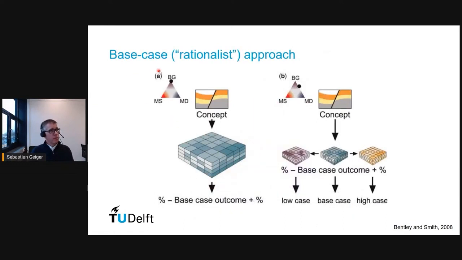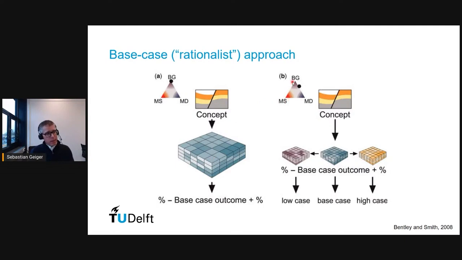The base case is a so-called rationalist approach, where in the top corner you have one geological concept, one concept of how our fluvial channels are connected, for example, or what is happening in our pre-salt reservoir. You build exactly one model, run that model, and say there could be 20% more production or 20% less production, and that is how we make the relevant engineering investment decisions.